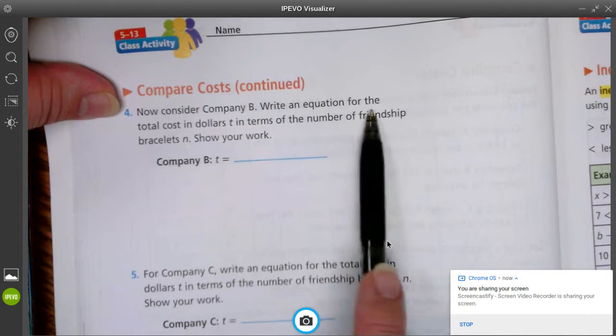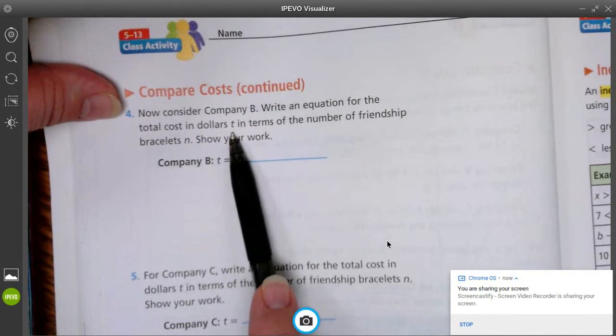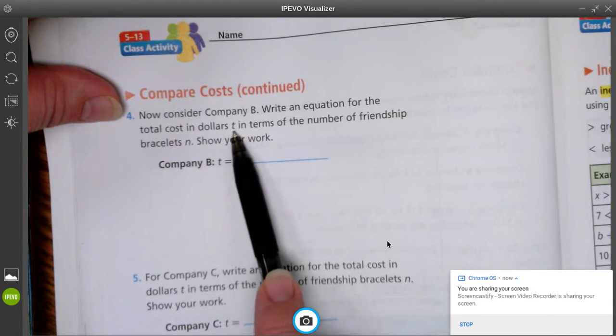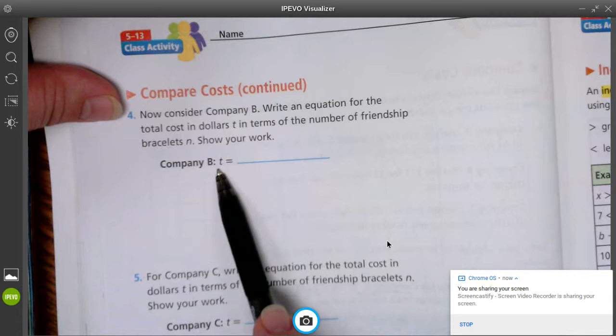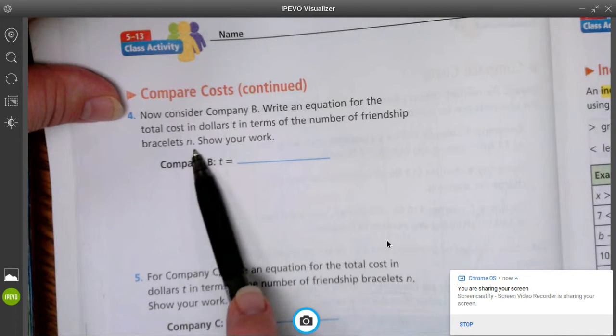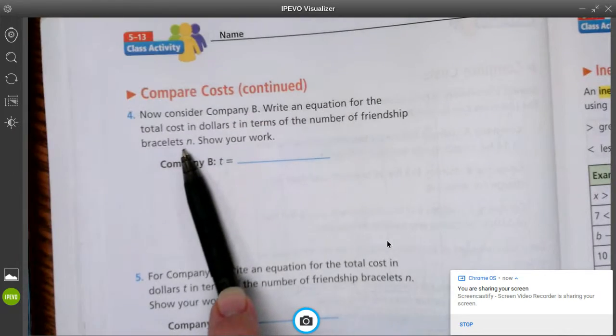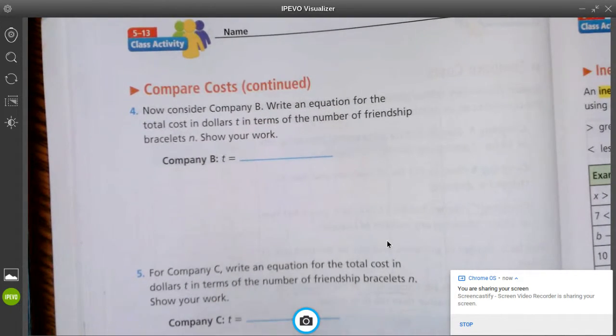Consider company B. Write an equation for the total cost in dollars, T, in terms of the number of friendship bracelets, N. So what will the total cost be, T, showing the N as the number of bracelets. So we have to look back at their cost.